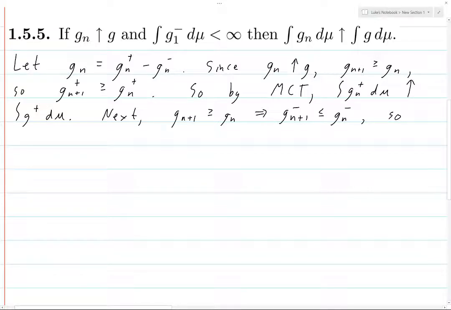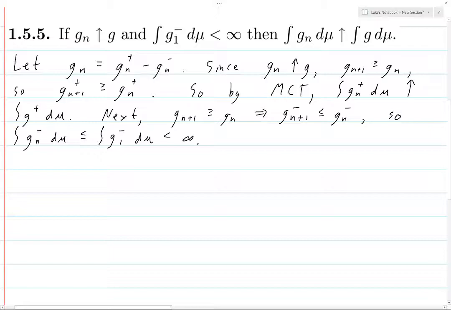And so, for any n, the integral of gn minus d mu, well, gn minus is less than or equal to gn minus 1 minus, which is less than or equal to ... which is less than or equal to g1 minus. So this is going to be less than or equal to the integral of g1 minus d mu, which we know is finite.